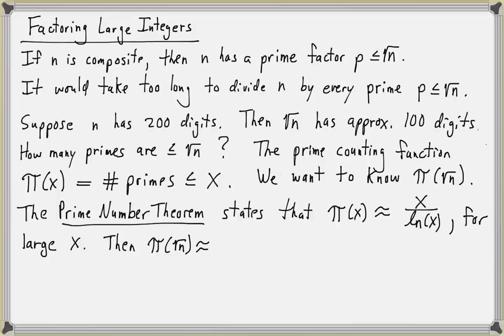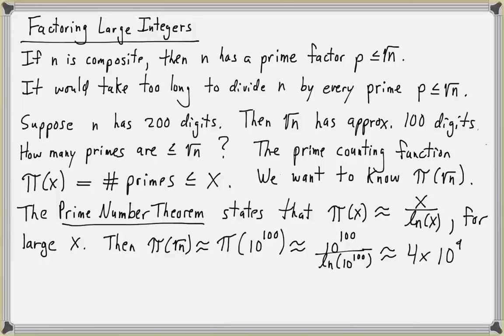And let's just assume that n is about 10 to the power 100. By the prime number theorem, this is approximately 10 to the power 100 divided by the natural log of 10 to the power 100. And this is approximately equal to 4 times 10 to the power 97.